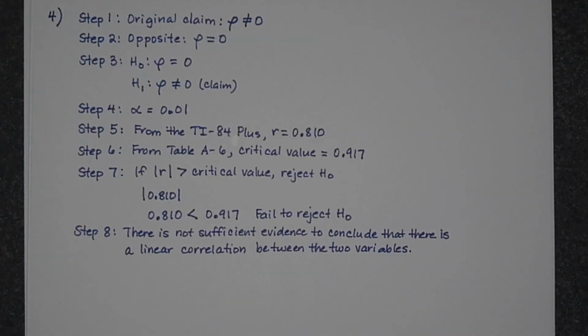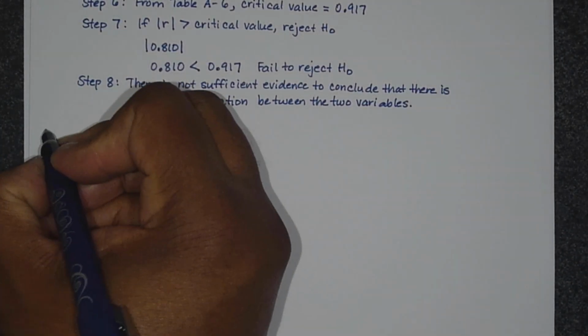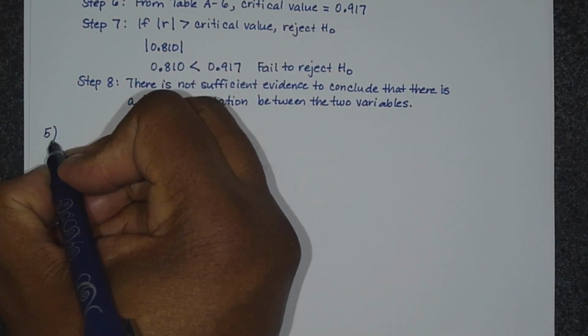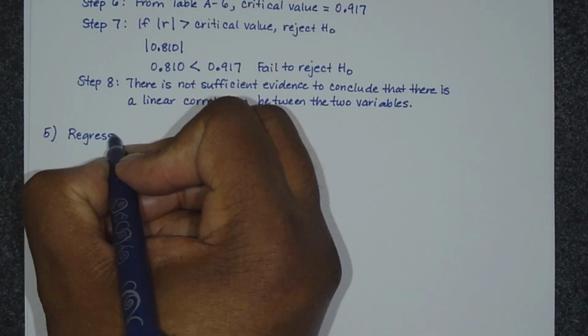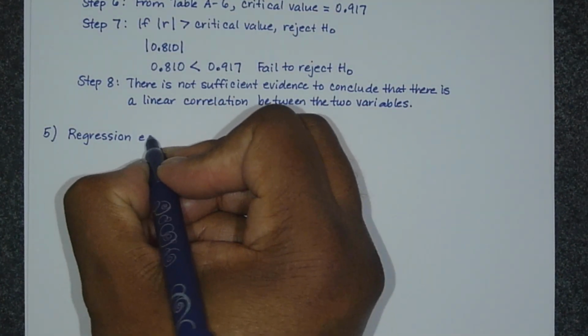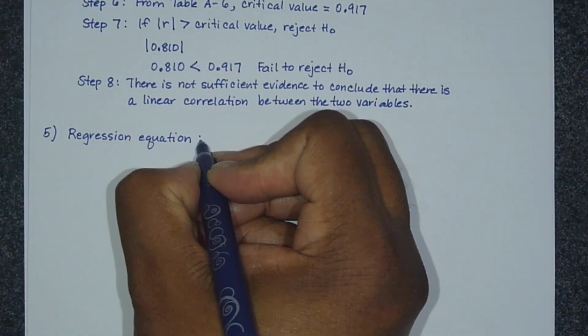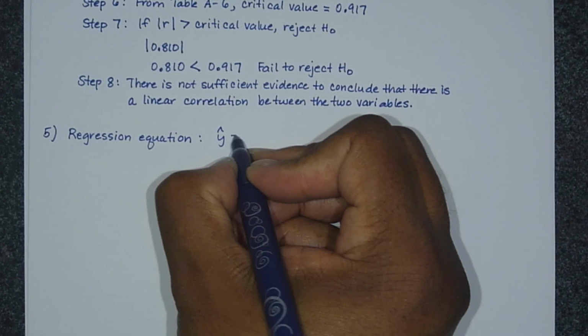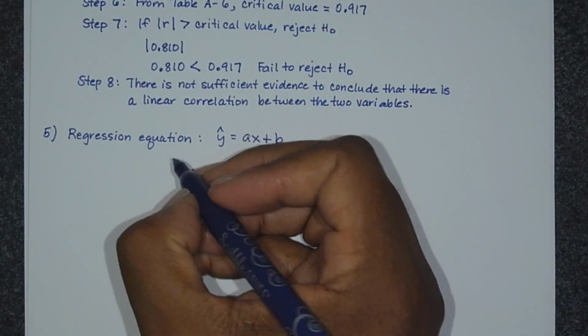All right, so in this case here, we'll start up by finding out what the regression equation is. And of course, that's y hat is equal to ax plus b.